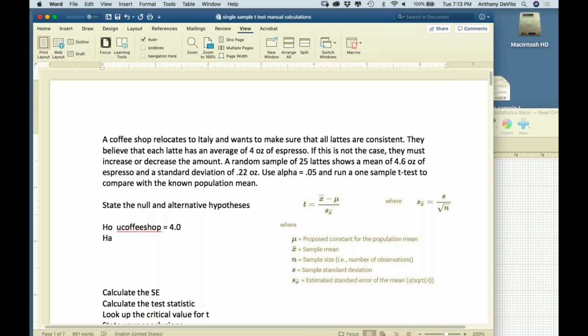I could have just put mu Italy, because it would be saying the same thing, but we know it's 4, so I'll just put the 4 in instead. And our alternative hypothesis is mu for the average ounces of espresso for our coffee shop is not equal to 4.0, right?